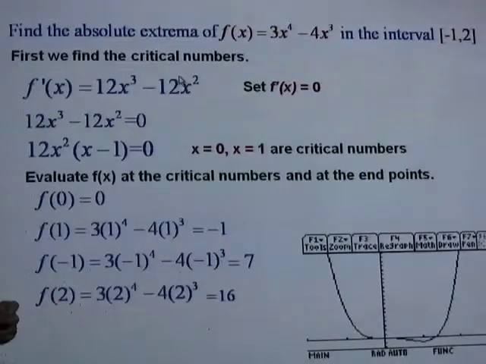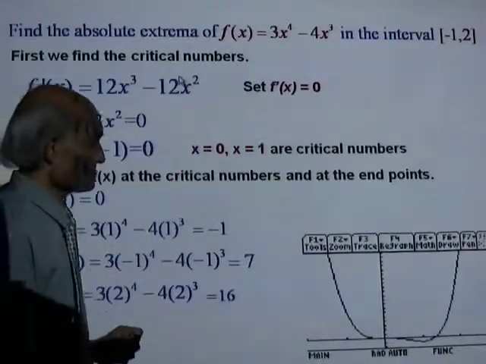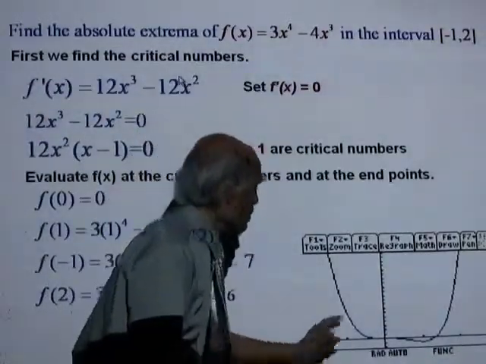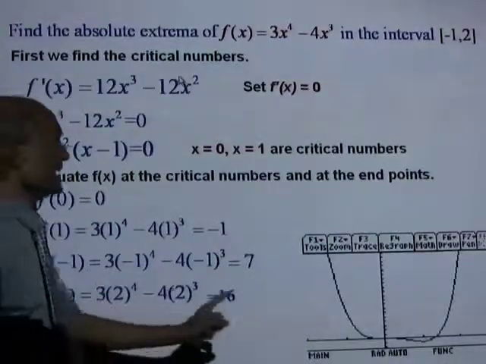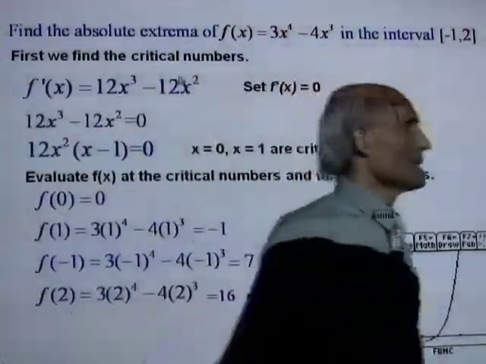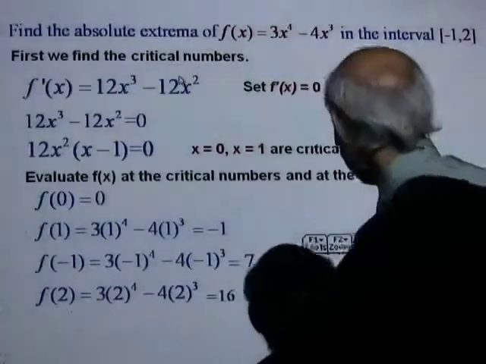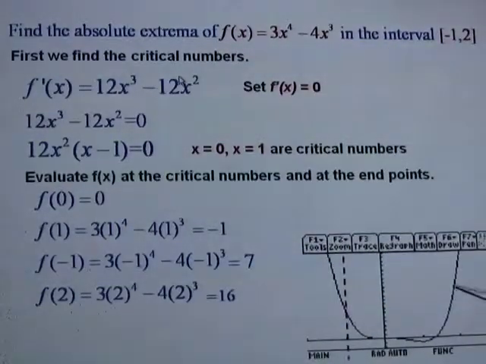Now, look at the graph of this function. The absolute maximum occurs when x equal to 2, and that occurs actually at the endpoint. Now, x equal to 2, y equal to 16. And that is where the absolute maximum occurs.